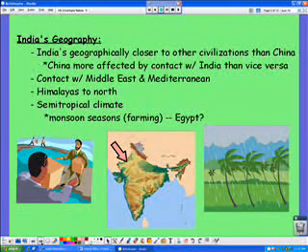So, cut off by the mountains, isolated by the sea, except for this one narrow avenue where the doors are wide open. And so this is going to allow India to eventually become exposed to lots of people, whether it's people from Mesopotamia or the Aryan nomads from Central Asia or any number of other people that will eventually show up.